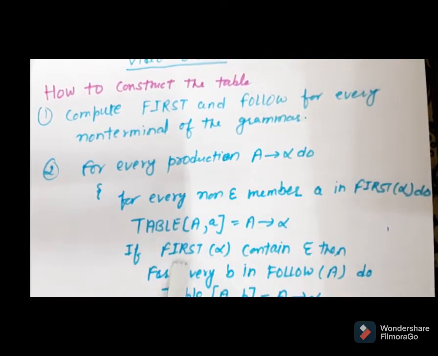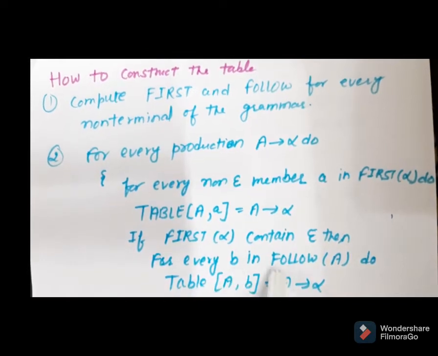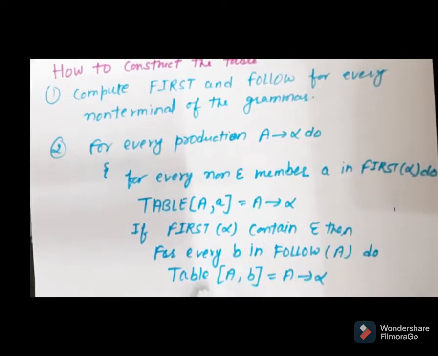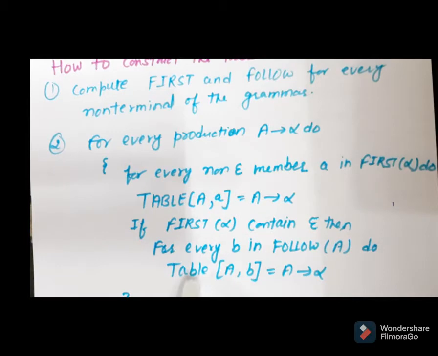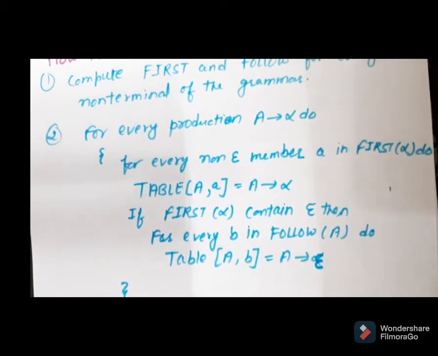If first of alpha contains epsilon, then for every b in follow of A, do table A, b. This table A, b means this will be the cell. In that cell we have to write this production A tends to epsilon.